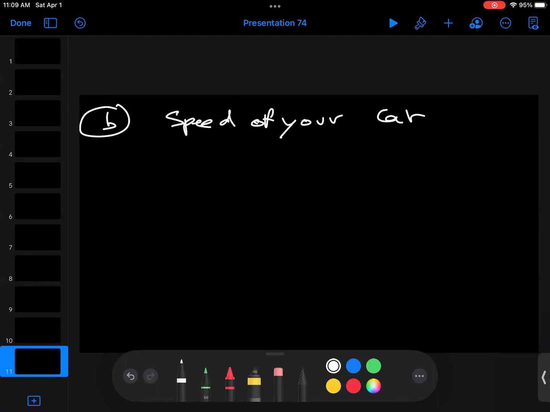So if you are driving your car between a point A and a point B, you can compute the distance traveled. But it's better to say, let's do it better.